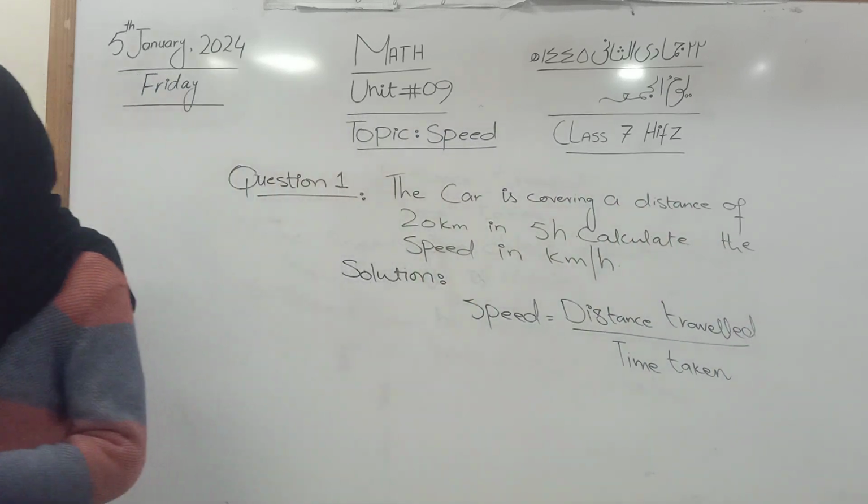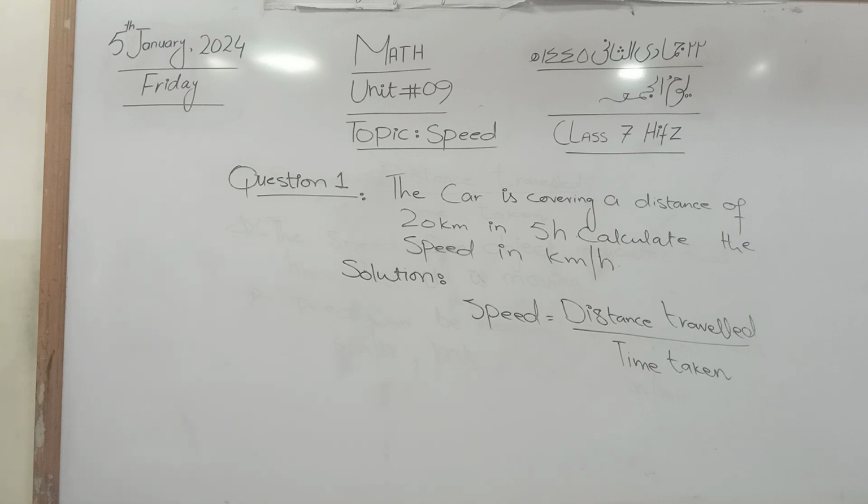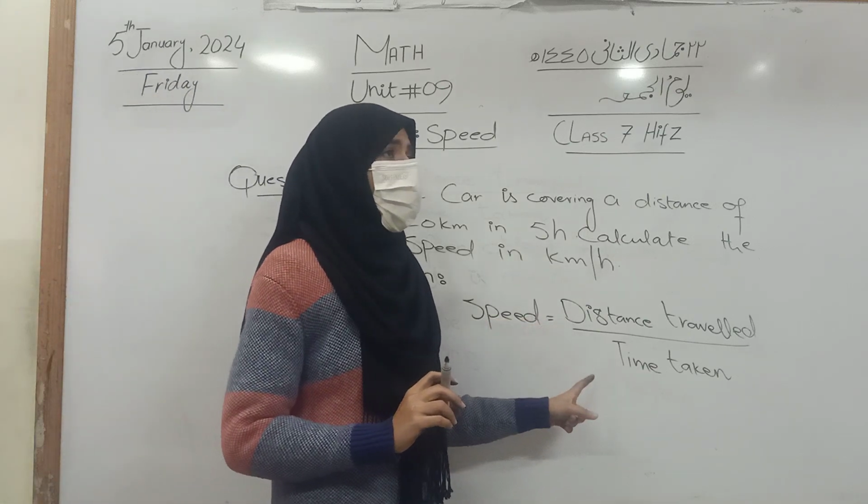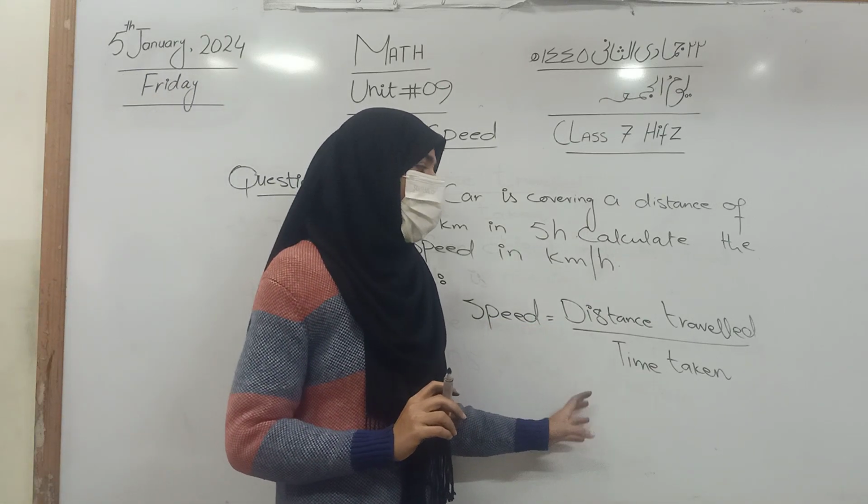Is it clear to you, my dear students? After writing down the question, I have written down the formula of speed, that is, speed is equal to distance traveled divided by time taken. Now I will read my question again and find the values of distance and time, and then I will put the values here.